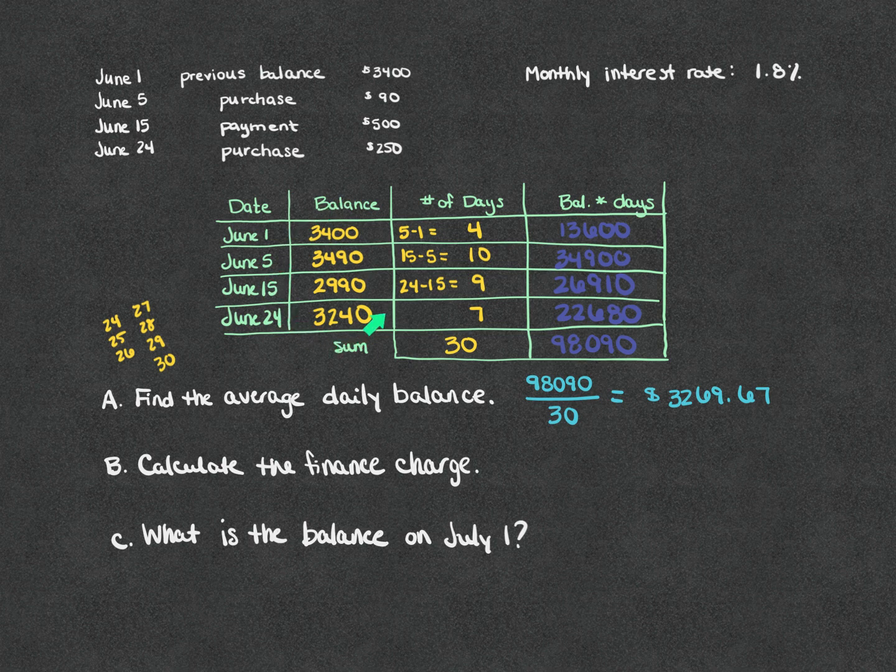If you look at the actual different balances that were carried, in this column, that seems like a reasonable number. It's kind of right there in the middle of all of those, so that seems reasonable. Now, the finance charge is based on the average daily balance. And if you look up here in the top corner, we have our monthly interest rate. Interest rate is the same as a finance charge, it's just another word for interest.